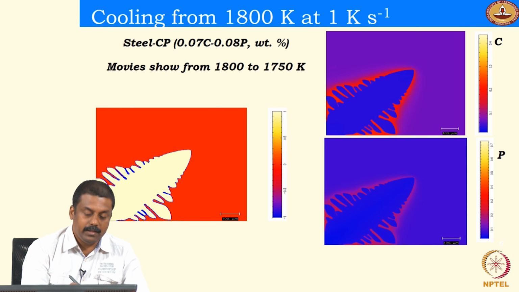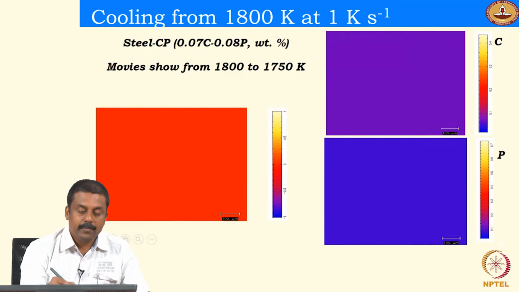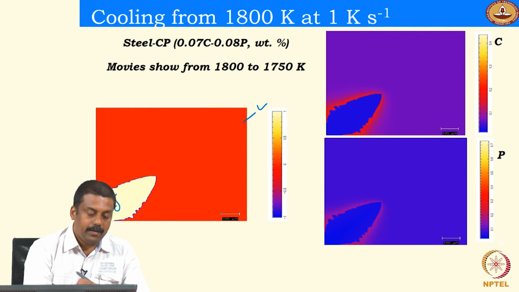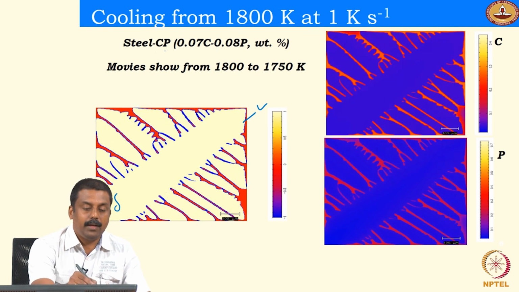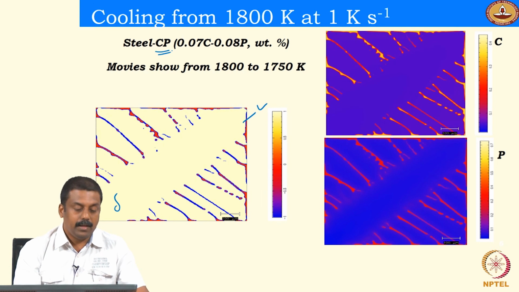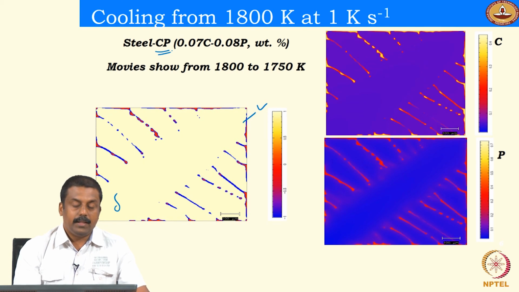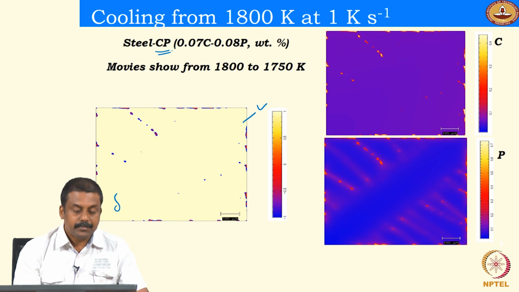What you see over here is the actual microstructure, where to begin with you have liquid, which is red in color, and we have delta ferrite. The delta ferrite is solidifying for this steel, where the solidification is first completely into delta ferrite, and then subsequently delta ferrite will transform to austenite upon further cooling.